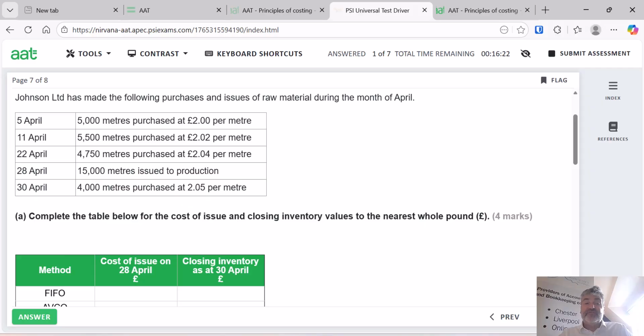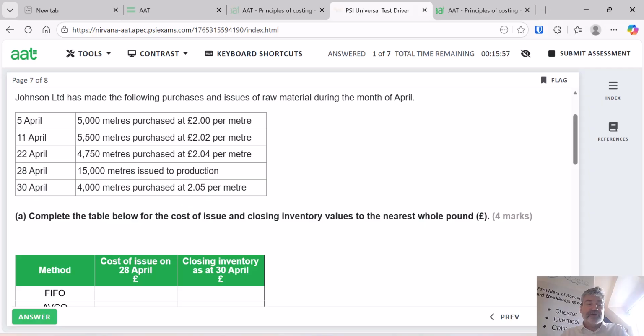£9,180. So our 15,000 metres is made up of the 5,000 bought on the 5th of April at a cost of 10,000, the 5,500 bought on the 11th of April at a cost of 11,110, and 4,500 metres from the purchases made on the 22nd of April at £2.04, which is 9,180.